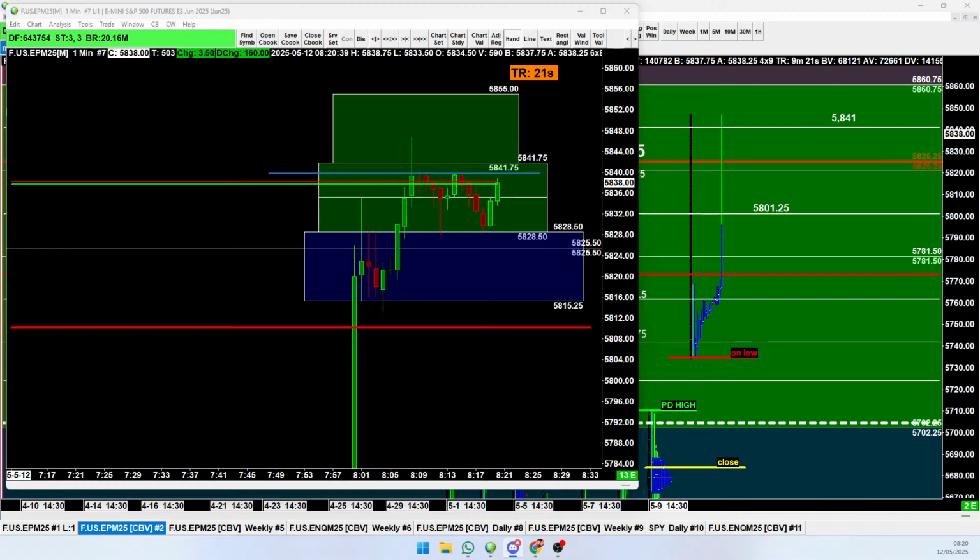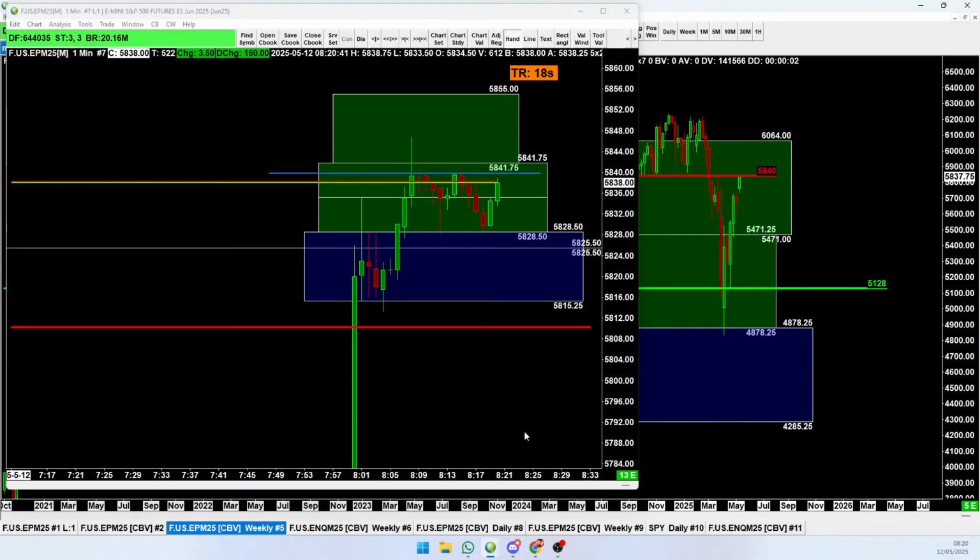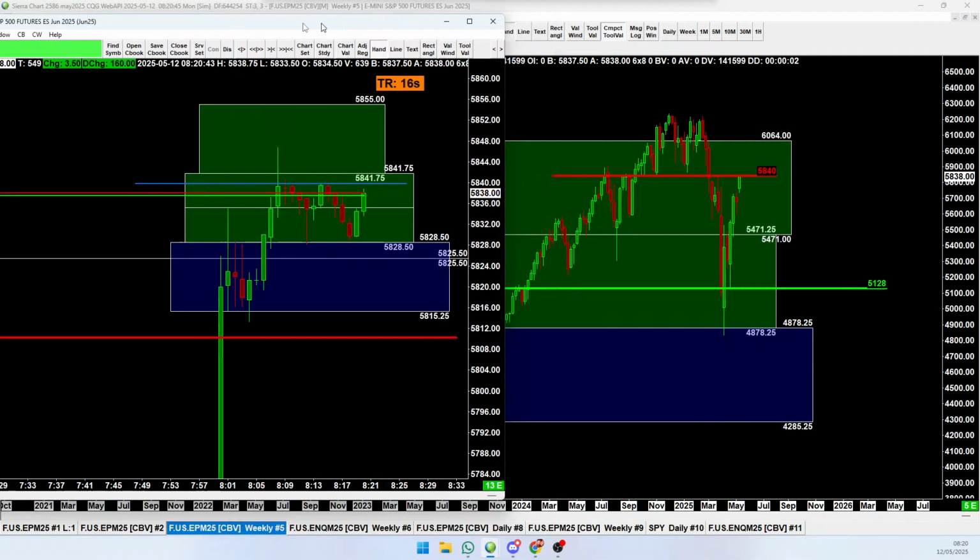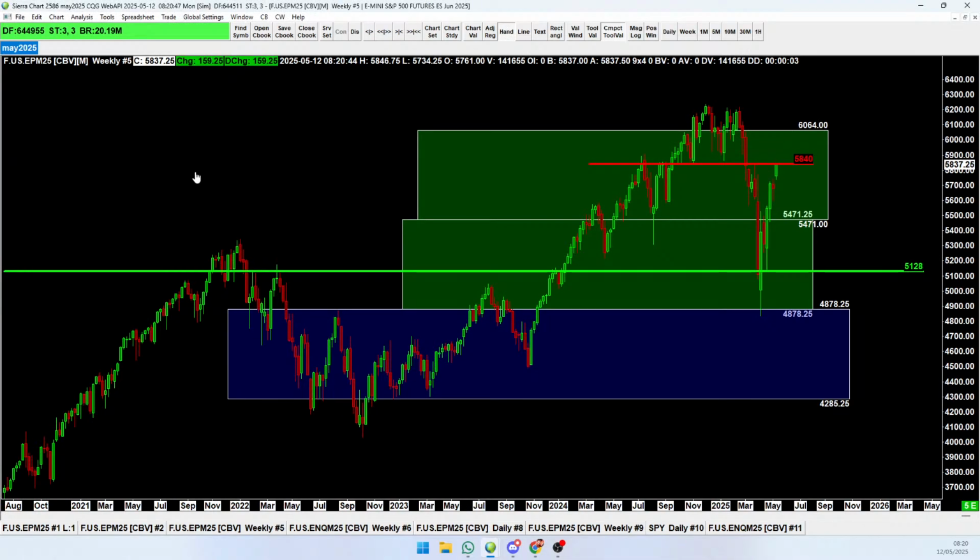What was our all-time low on this market? Down here under 48.78, all the way up to 58.40. That's 1,000 points. Jeez, that's a lot of movement in the S&P.